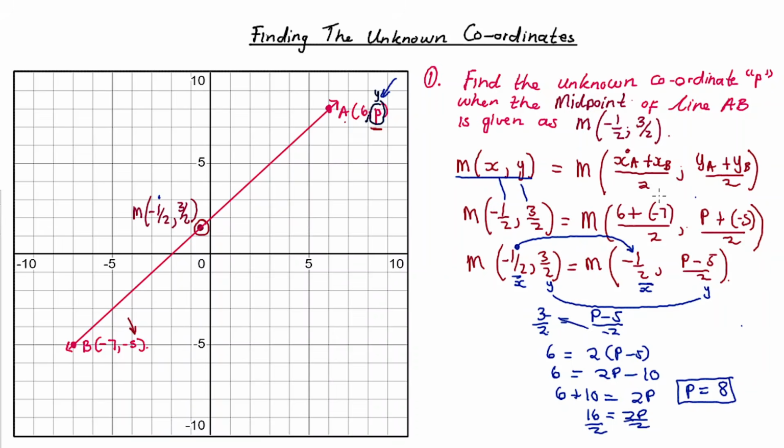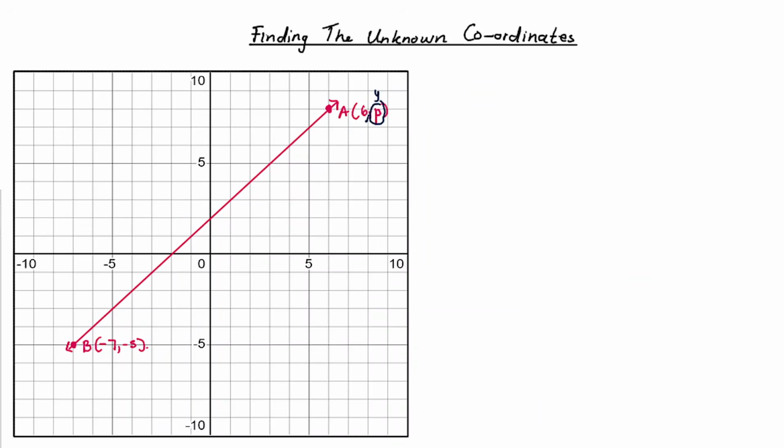But if ever the unknown p was the x coordinate, we would have to equate the x coordinates and calculate p, because the unknown would have been part of the fraction for the x coordinate. Okay, so I hope this makes sense. I hope you are getting this. If you have any questions, we can discuss this over the comment section of this video.